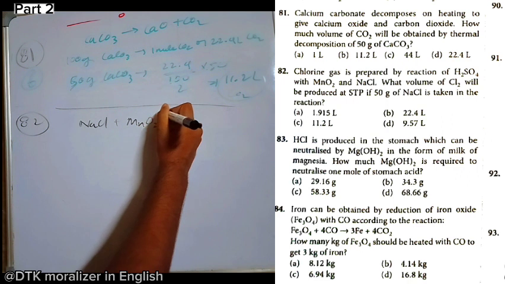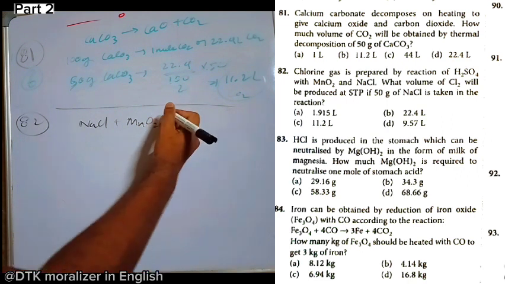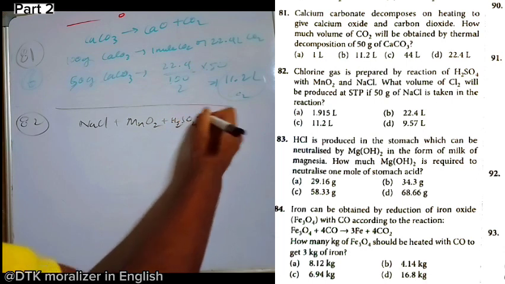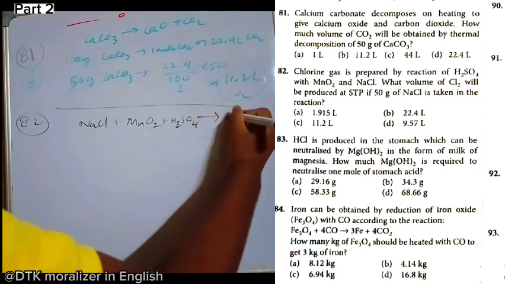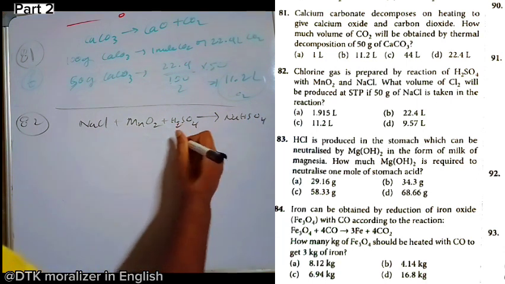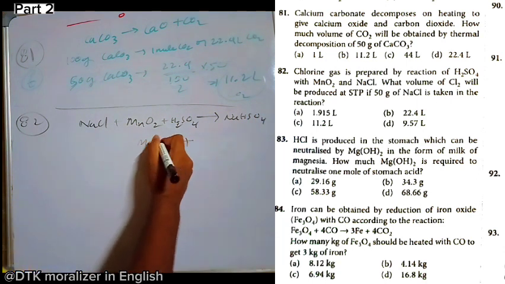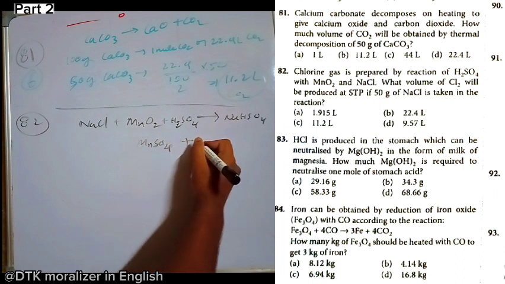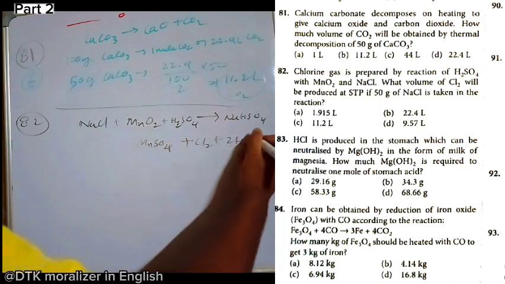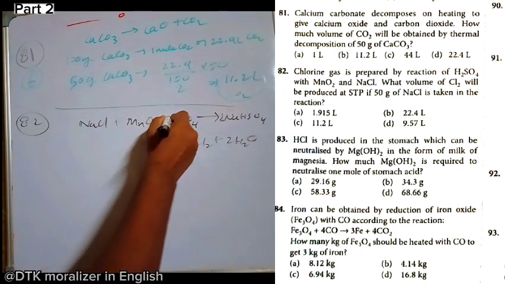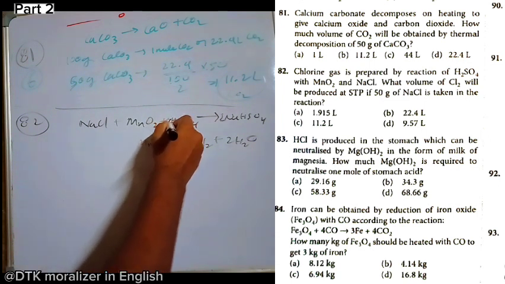As you can see, sodium chloride plus MnO2 plus H2SO4 gives sodium bisulfate, MnSO4, Cl2 and H2O.